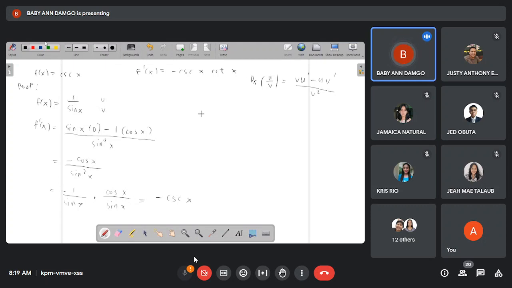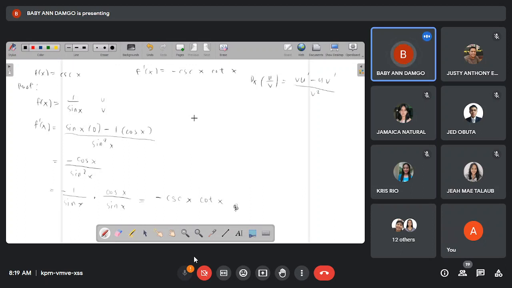Using the identity, that is cotangent x, which has been proven. Observe that if you start from the derivative of cosine or sine, you can get the derivative of secant, tangent, cosecant or cotangent. That is the advantage of knowing the reason behind it, so if you forget, you can still derive it.